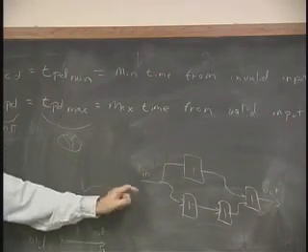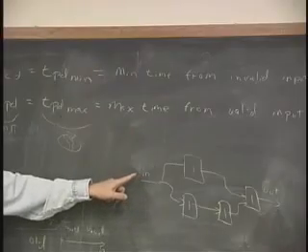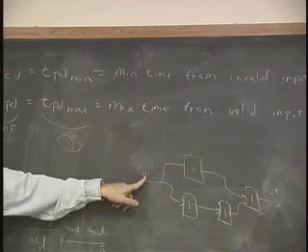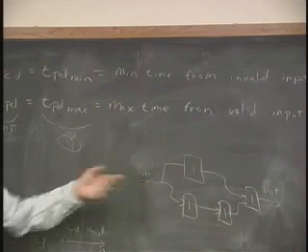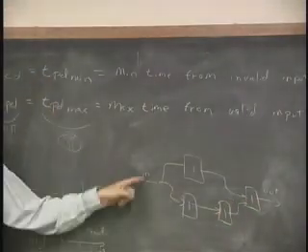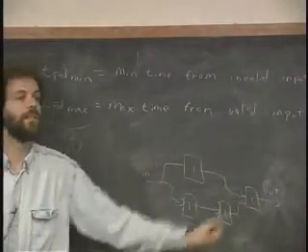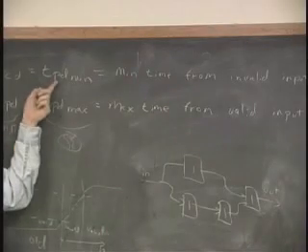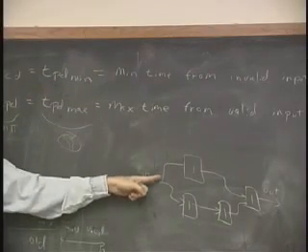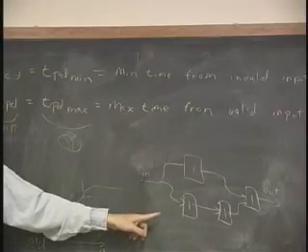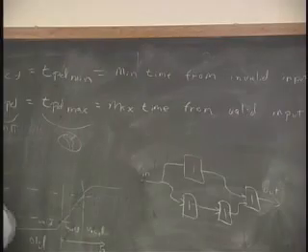How long does it take for a contamination or any kind of value here to go from in to out? Well, the minimum time it takes is 1, 2. The maximum time it takes is 1, 2, 3. So that would kind of indicate that TPD min for a circuit like this is 2, and TPD max for a circuit like this is 3. Which is absolutely true.